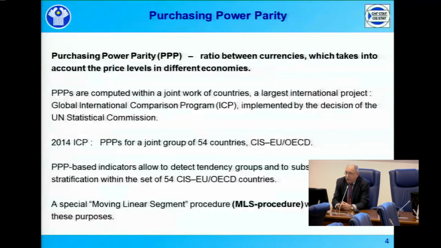There is a serious task to link the regional PPPs, the regional comparison results, into the global set of results.